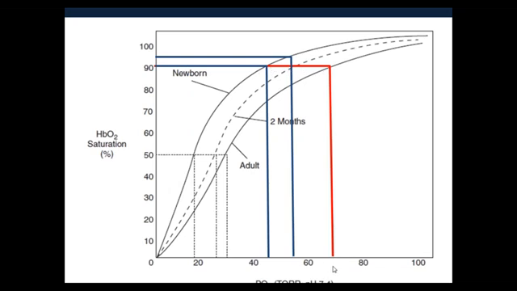Then you may need a little bit higher inhaled oxygen to maintain that partial pressure. So you have a range between 50 to close to 60 partial pressure of oxygen to get reasonable oxygen saturation, but you need a higher partial pressure, 70 to 80, to get the same level of saturation.